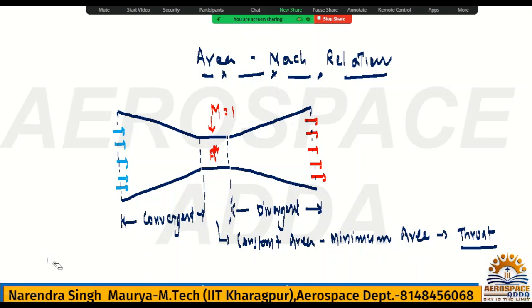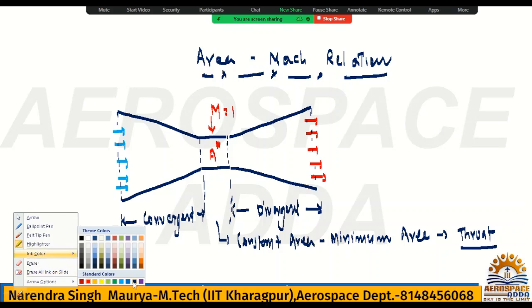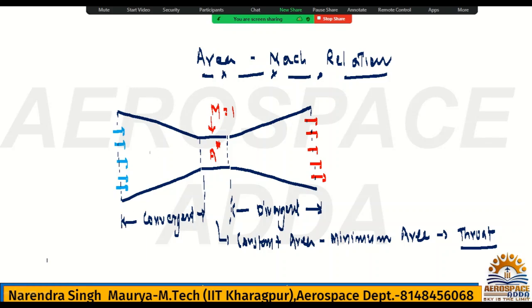Already I said that the critical value, where the Mach reaches 1, is represented by star. So you can consider this is the throat, where the area is minimum and constant, and it is represented by A star. Why? Because Mach at the throat reaches 1. Obviously here Mach will be less than 1, and here Mach will be greater than 1.